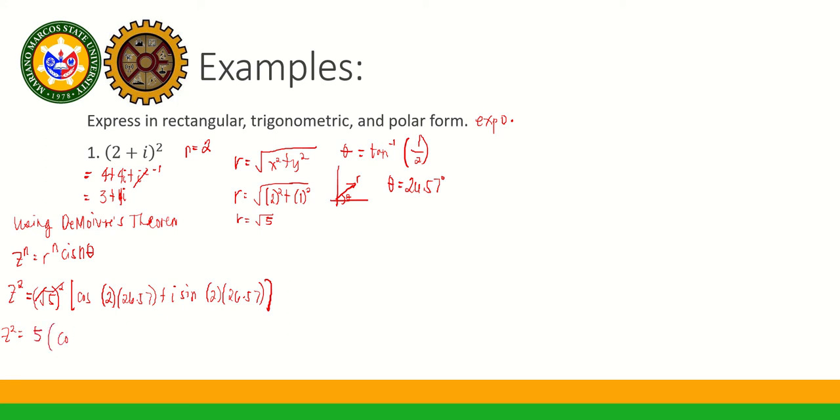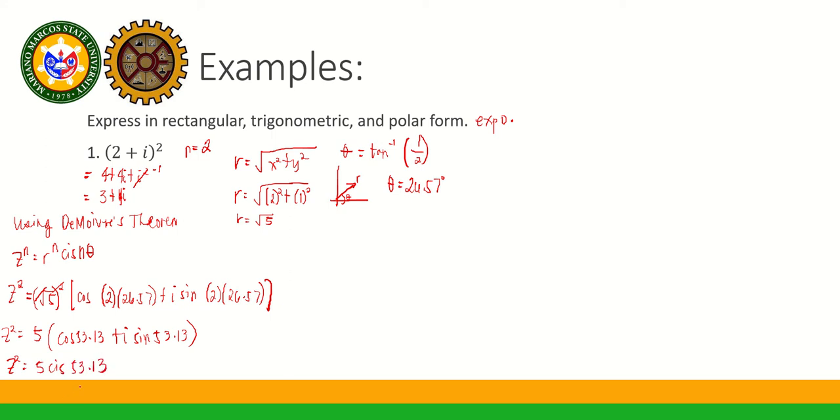And then cosine 53.13 plus i sine 53.13. So, here we now have our trigonometric form. So, diretso siya na-transform into trigonometric form. And also, we can rewrite this as z squared is equal to 5 cis 53.13.